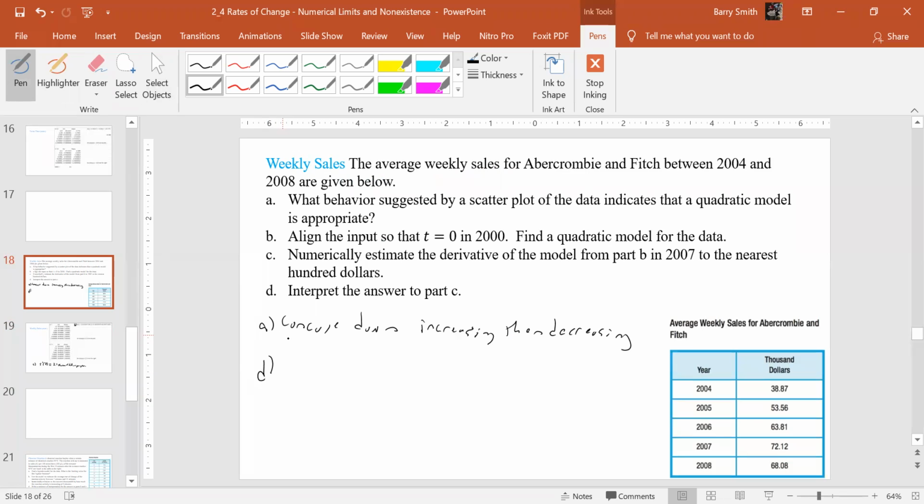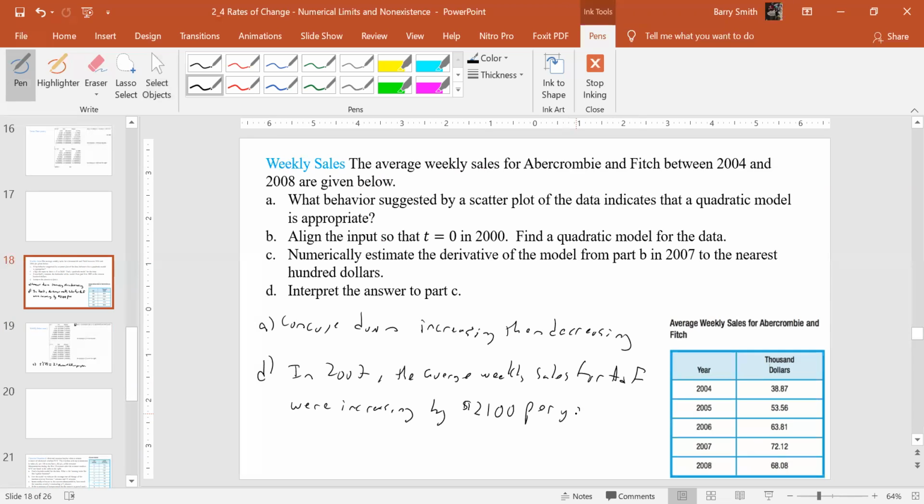With D, we're going to have in 2007, because that's what they want it for, the average weekly sales for A and F are increasing by, let's put it as the whole number because we're not going to put 2.1 thousand, $2,100 per year.